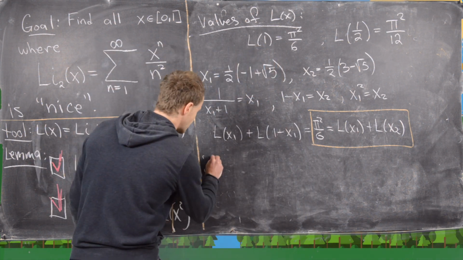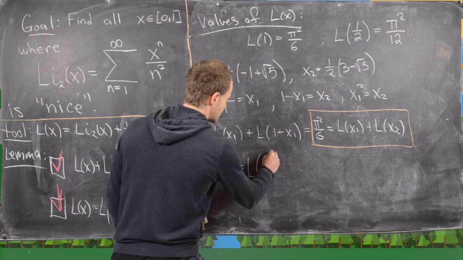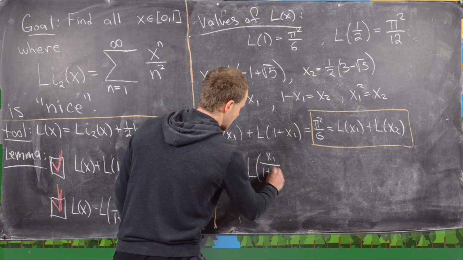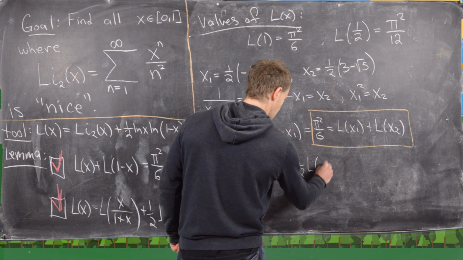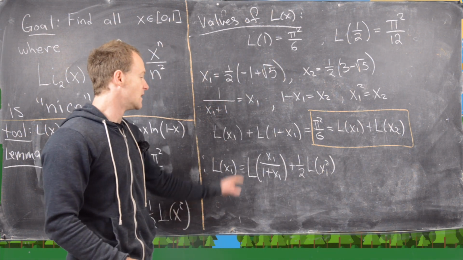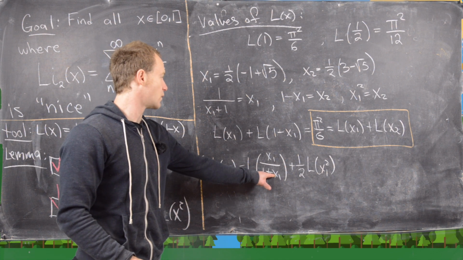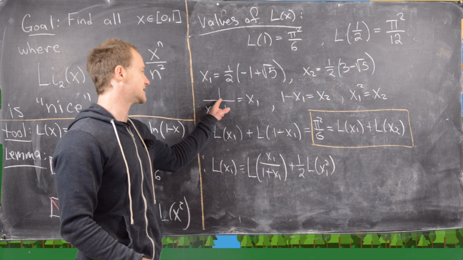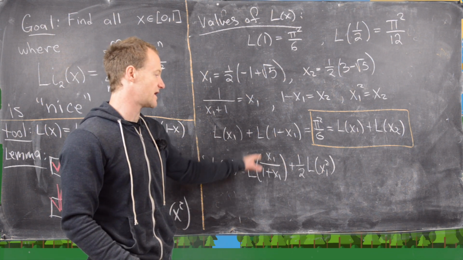So notice we also have L of x1 equals L of x1 over 1 plus x1 plus 1/2 L of x1 squared, and that's from that second identity. But notice what we have here is 1 plus x1 in the denominator is the same as x1 in the numerator, so that gives us x1 squared here.